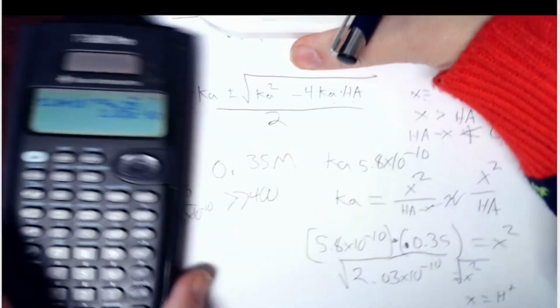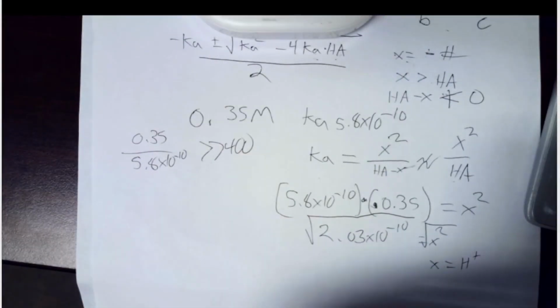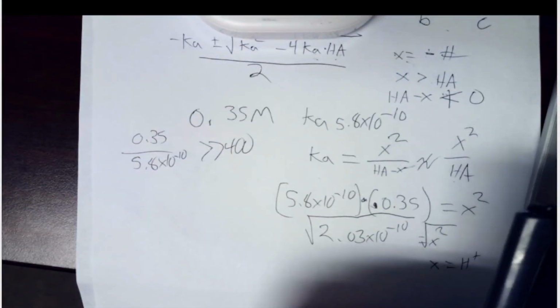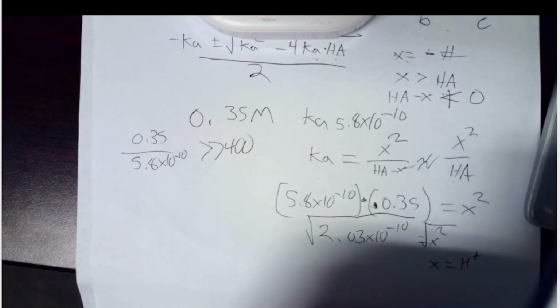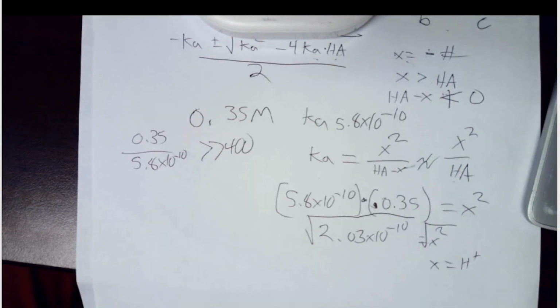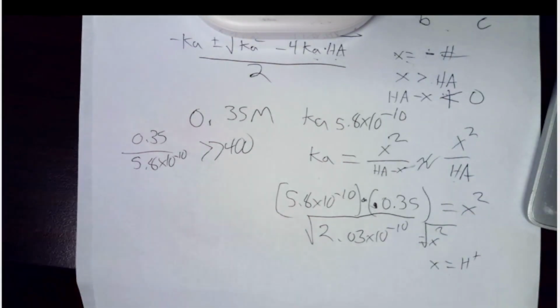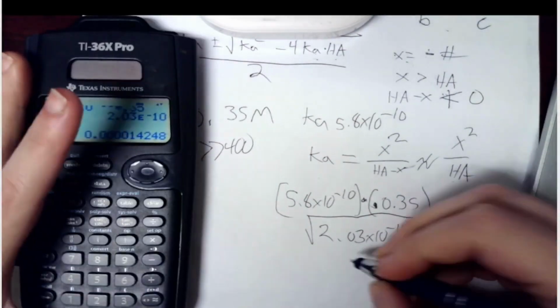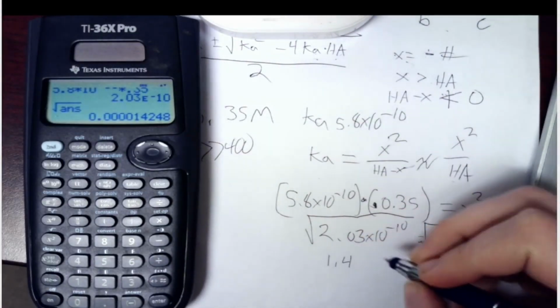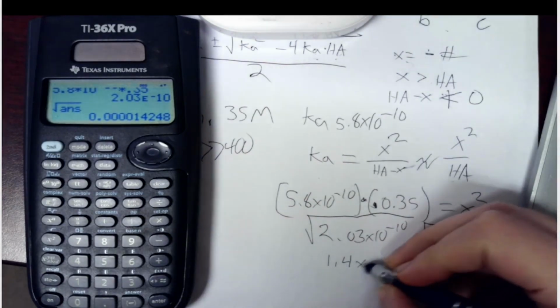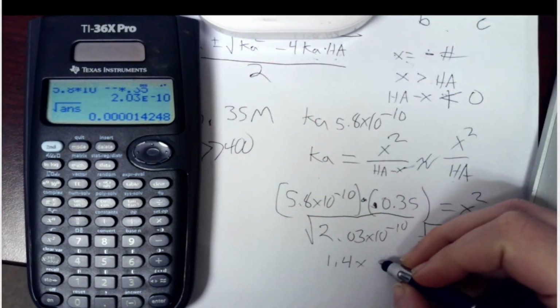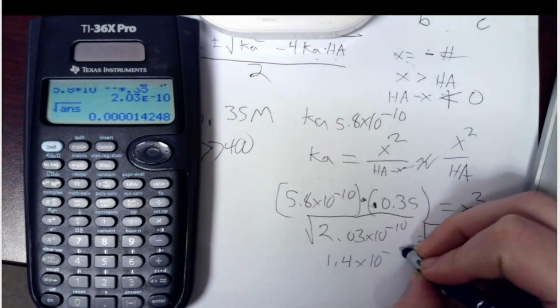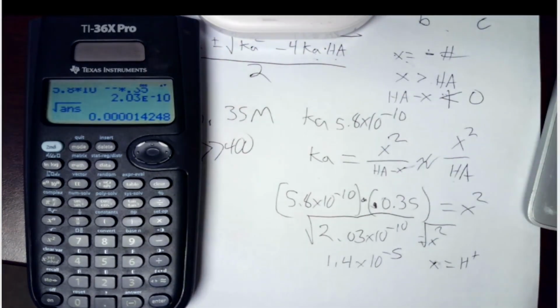So when we square root that, we get 1.4 times 10 to the negative fifth.